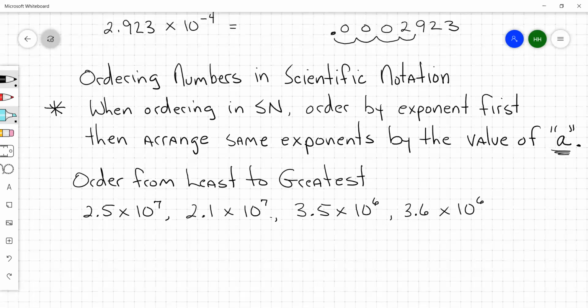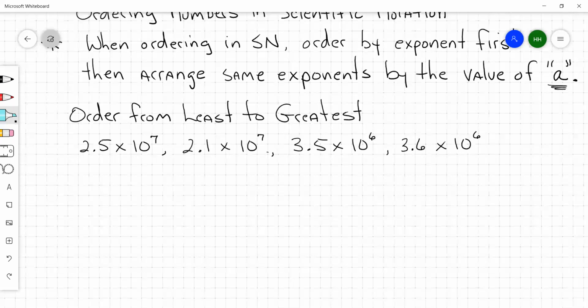All right, so we're going from least to greatest. If we're going from least to greatest, we want our smallest exponents first. So we got 2 numbers to the 6th power. So those 2 are going to go first.